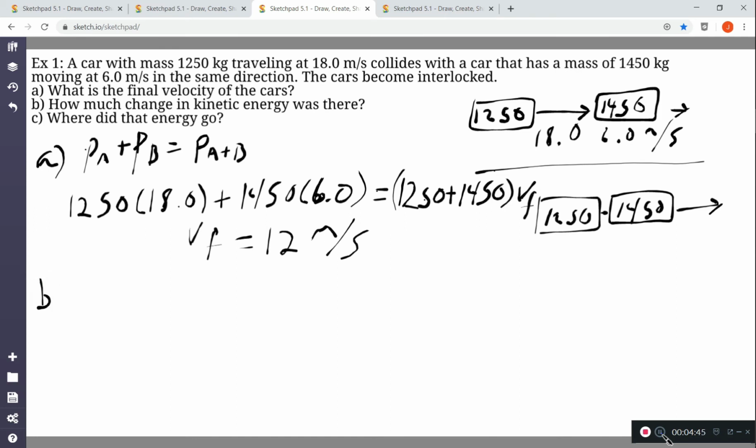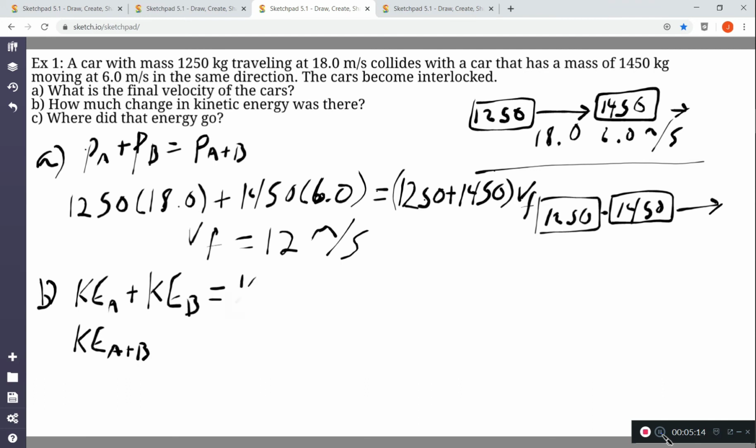How much change in kinetic energy was there? What we have to do is look at the kinetic energy before and the kinetic energy after. So the kinetic energy before is going to be the kinetic energy of A plus the kinetic energy of B, and then we're going to compare that to the kinetic energy of A plus B, the final, when they are linked.